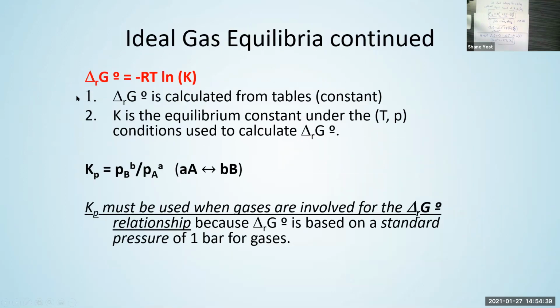You get this equation that relates Gibbs free energy under standard conditions with the equilibrium constant K. Delta G naught is something you can calculate from tables, or using this equation. It's the standard Gibbs free energy change for a reaction, and K is the equilibrium constant under the current temperature and pressure conditions. We have that relationship between the two.